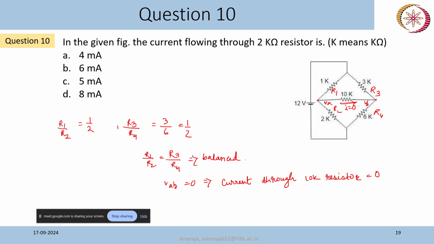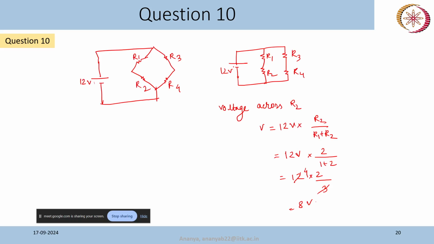I need not calculate the voltage across it. The question is the current flowing through it. So what is the current flowing through it? Say I1 current is flowing through this, so I1 is equal to 12 volt by total R1 plus R2, that is equal to 12 volt by 1 plus 2 kilo ohm, so this is 4 milliampere.